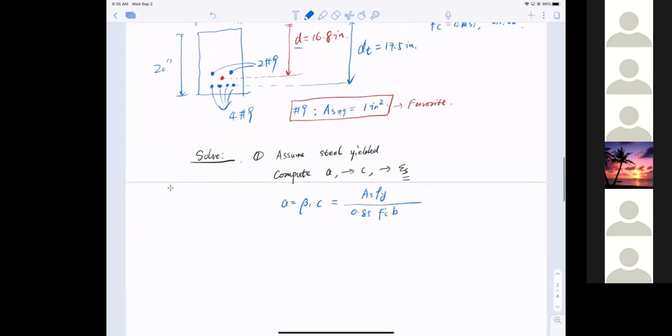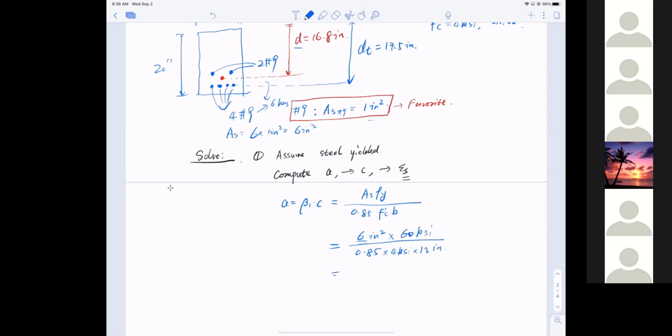Where's that 6 coming from? 6 bars, and each bar has 1 inch squared, so As equals 6 multiplied by 1 inch squared, equal to 6 inches squared of reinforcement, multiplied by 60 ksi of strength, divided by 0.85, 4 ksi, and the width is 12 inches.